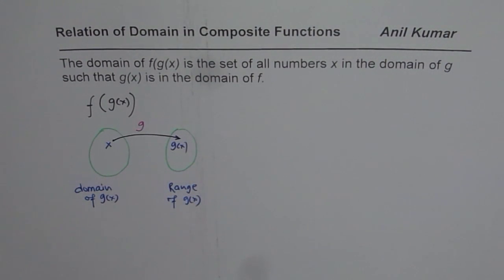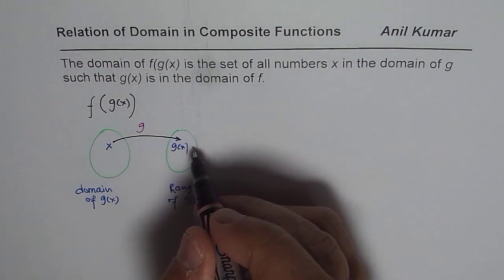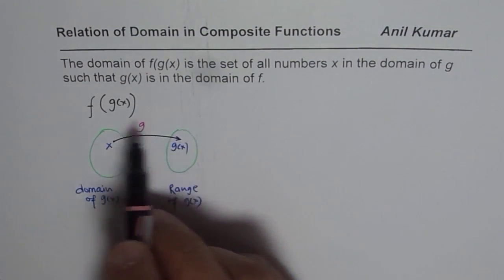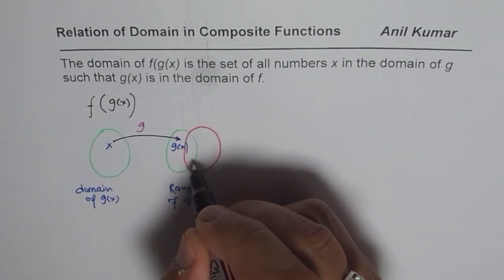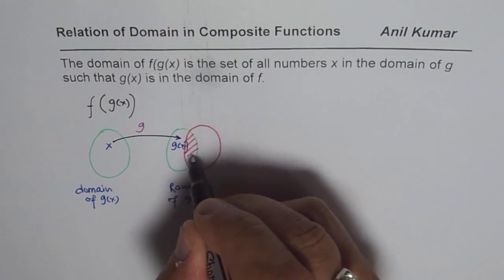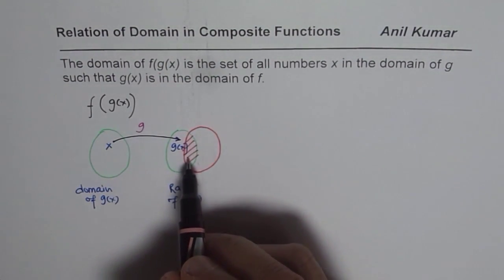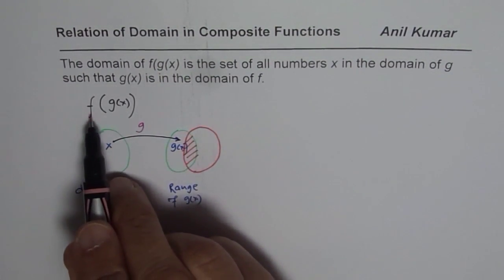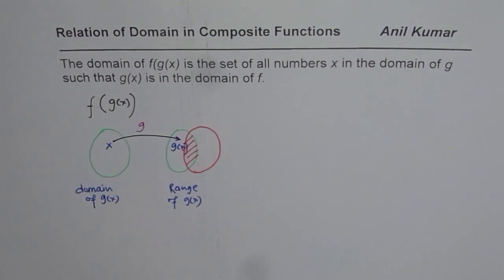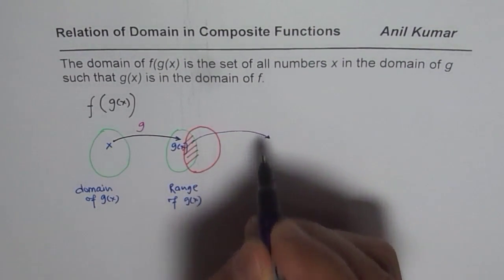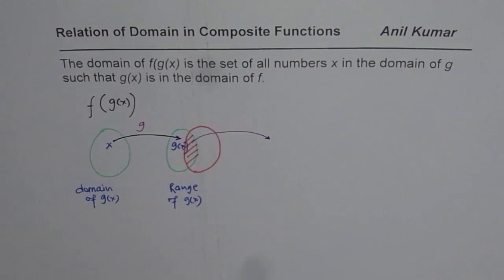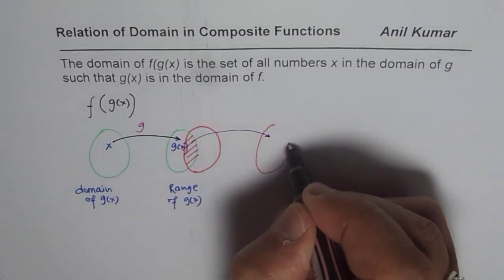Now, out of all these outputs of g of x, those which qualify for being composed with the function f of x, only those outputs are processed. Only those. So the outputs which are suitable as an input for f of x are processed with the second operation, and then what we get is f of g of x.